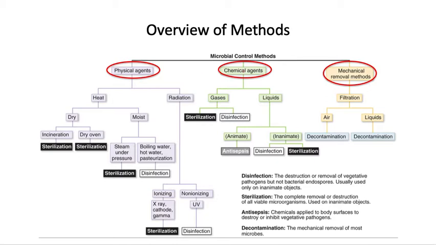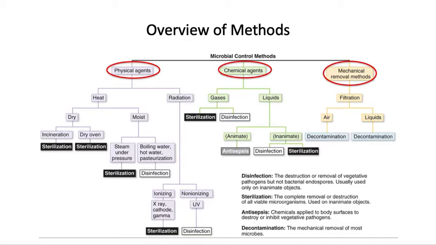And so physical and chemical agents can be used to disinfect or sterilize. They can be used as an antiseptic in some cases, or they might just be used for sanitization. And we'll go over the difference between all of those terms. A mechanical method, these will be used for decontamination. So we're going to keep track of all of the different methods in the upcoming slides and what we use them for.